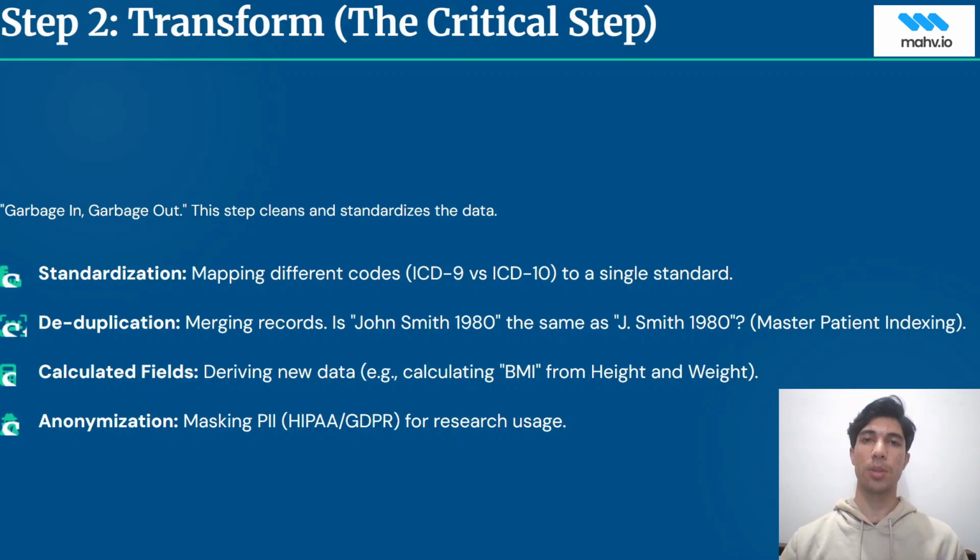There are no multiple formats used for a single attribute or variable, and we standardize different attributes. We then create new attributes or variables. For example, we create a BMI from weight and height attributes. So there is standardization, there is deduplication, and there are derived fields that are calculated from existing fields.